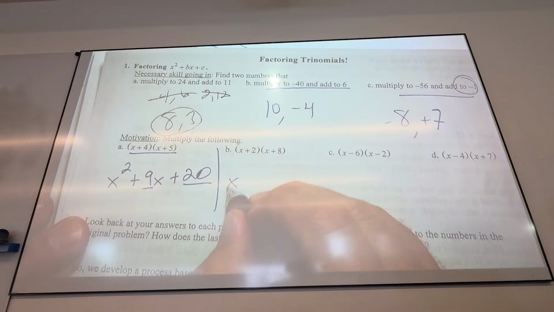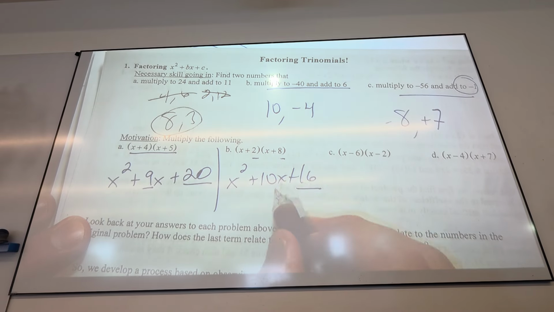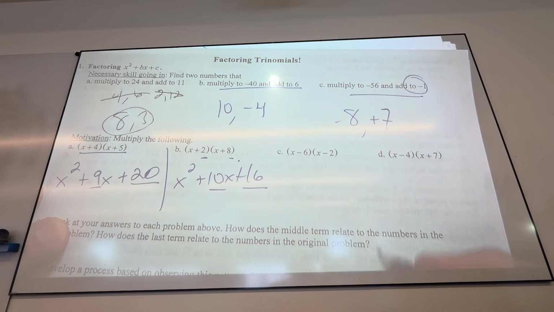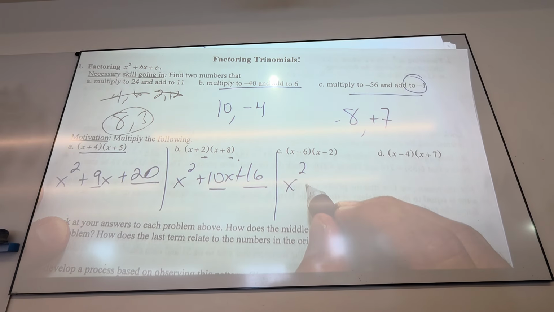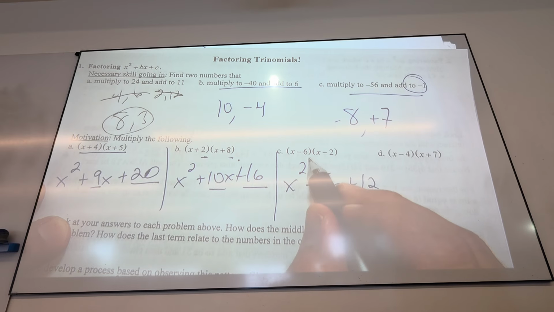This one you get 16 came from 2 times 8, 10 came from 2 plus 8. This one you get, what do you get? 12 is -6 times -2. -8 is -6 plus -2.